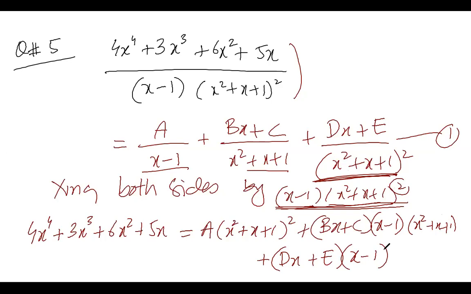What will we do? Because one factor is linear, we will name this equation and put x minus 1 is equal to 0 in this equation. Okay, put x minus 1 is equal to 0, I mean x is equal to 1.